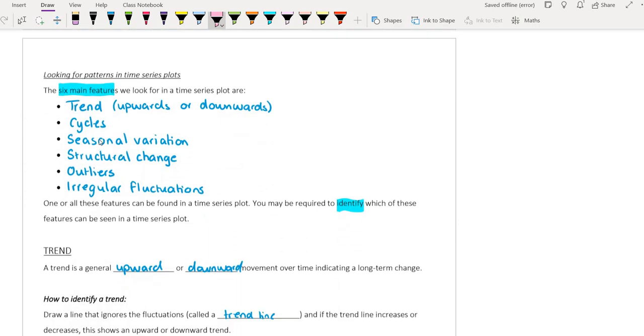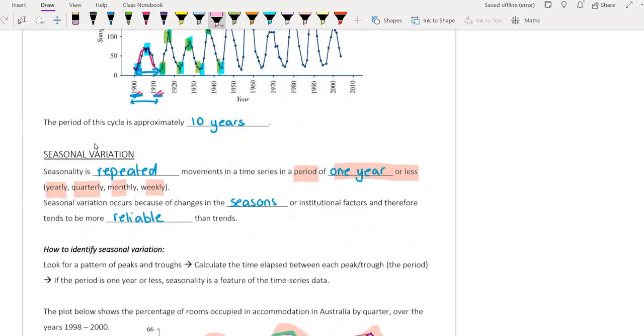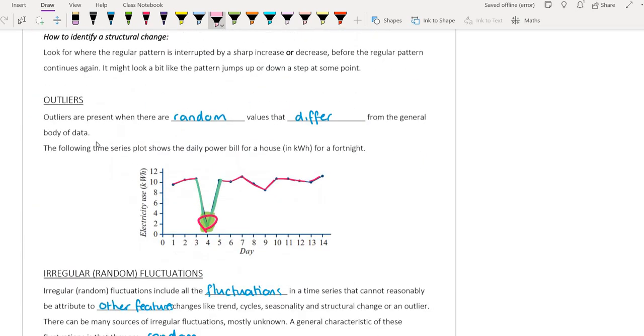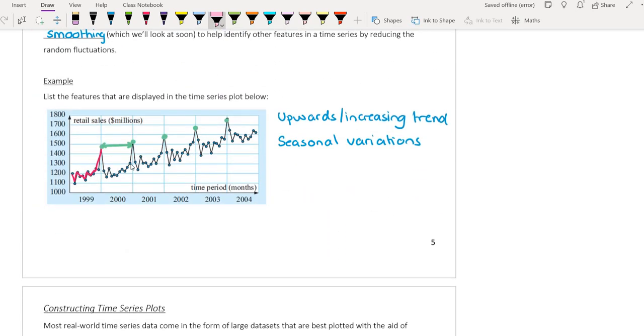So we've covered all 6 of these. And so an example question like this, you might see in the exams. It might simply ask you to list all the features that you see in this time series plot. And for this one, it's very clearly there's no outliers. It's going up overall.